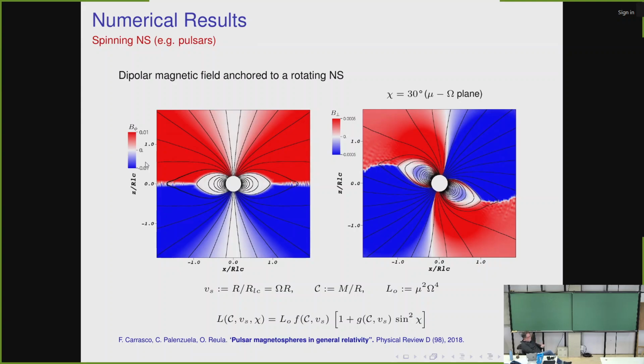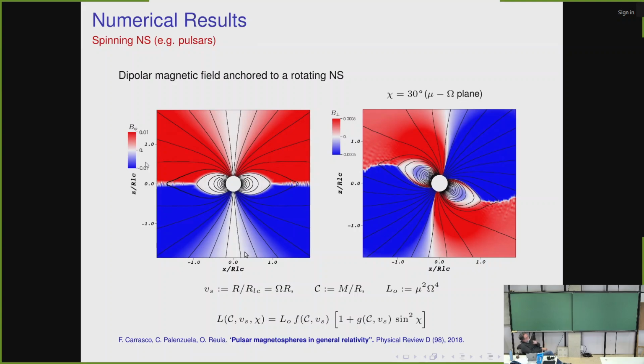In fact, it was only very recently that GR effects were incorporated in some of these studies, because typically these pulsar force-free magnetospheres were computed in Minkowski flat spacetime. So here we were incorporating the gravitational field.